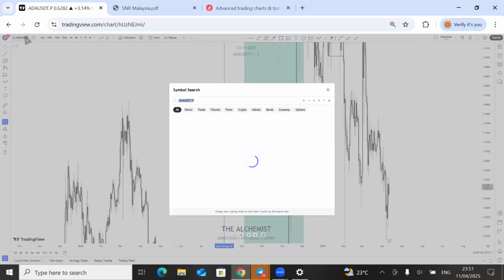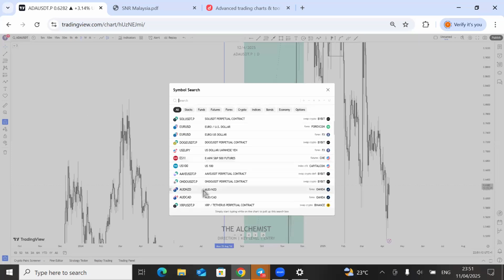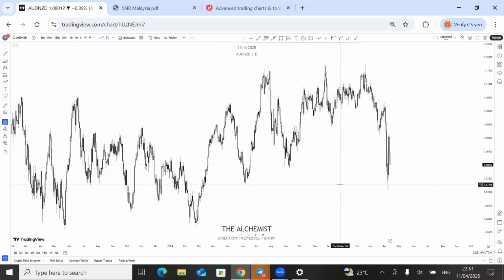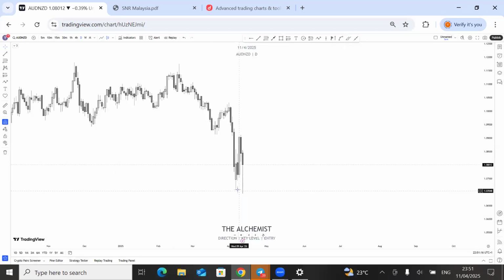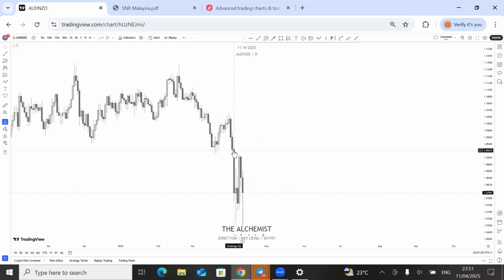Let's see, AVAX USDT. I'm sure we have done USDT before. Let's check. Forex.com.